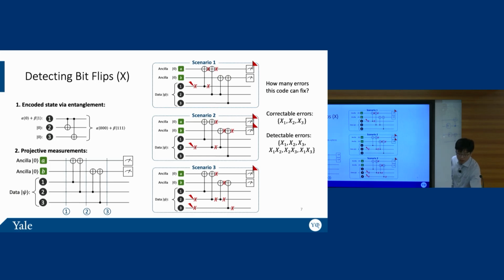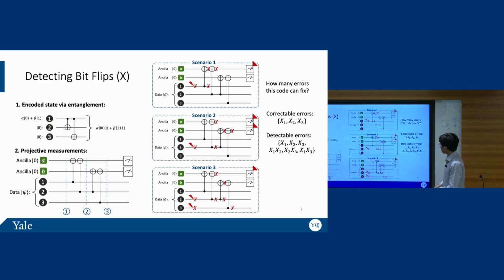Okay, so we can ask how many errors this code can fix. Well, if you restrict to a single error, so no scenario 3, you only look at the single error that could happen to the 3 qubits, then we can uniquely identify where the error occurred by looking at the different patterns of measurement results. So we call the set of single-qubit X errors the correctable errors of this syndrome circuit.